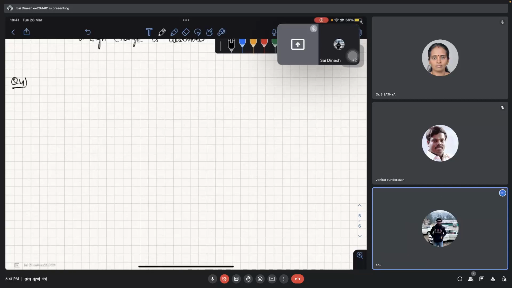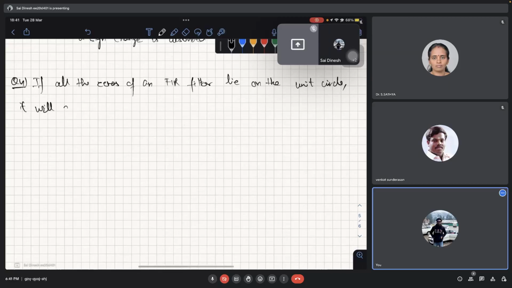If all the zeros of an FIR filter lie on the unit circle, it will give rise to a phase response that is linear.